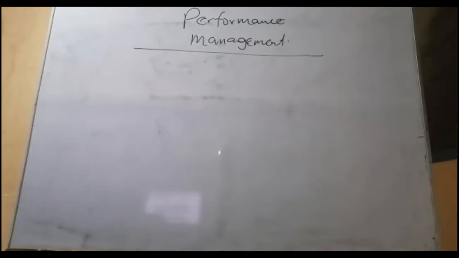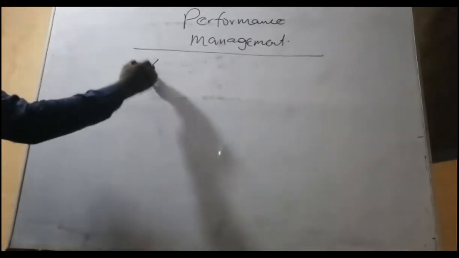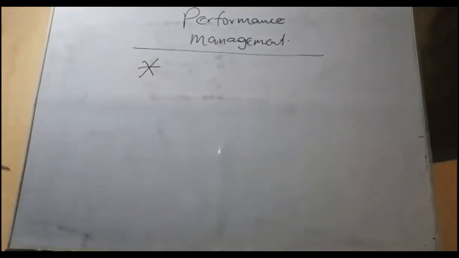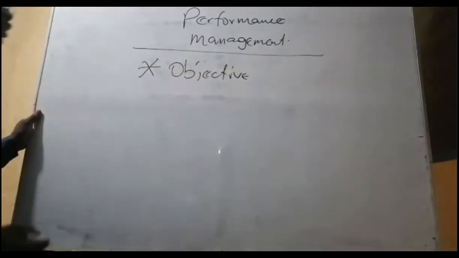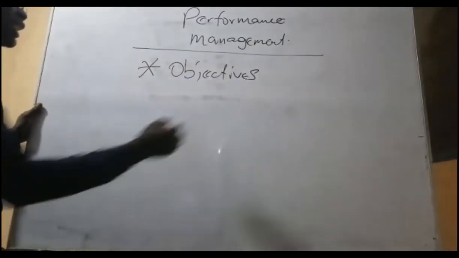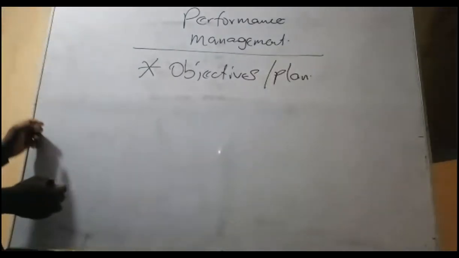Now, basically, performance management talks about three items. One, setting of performance objectives for the organization. So we should know how to set objectives, a strategic plan for the organization.